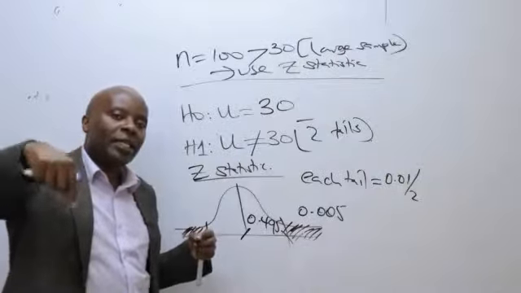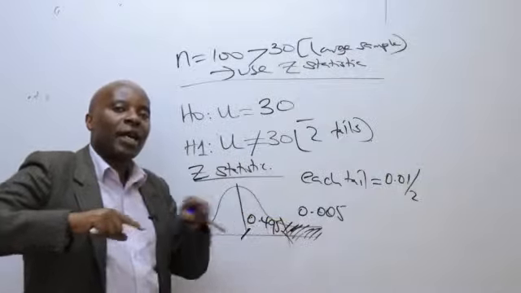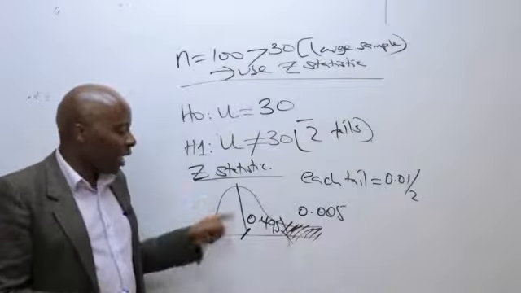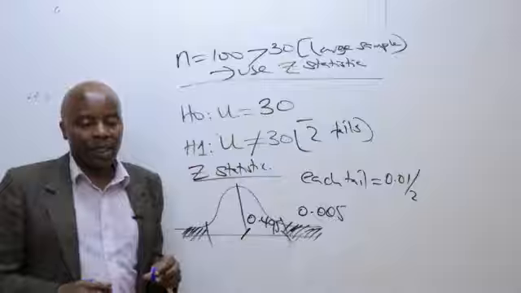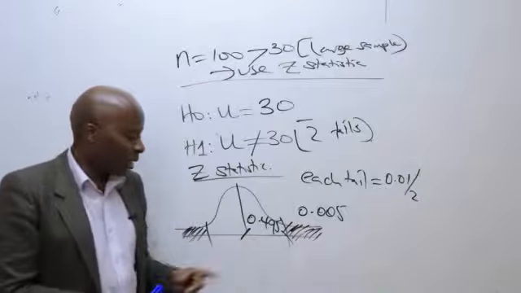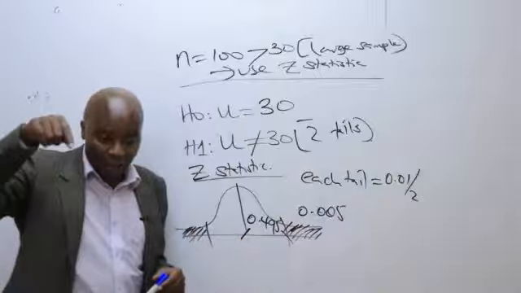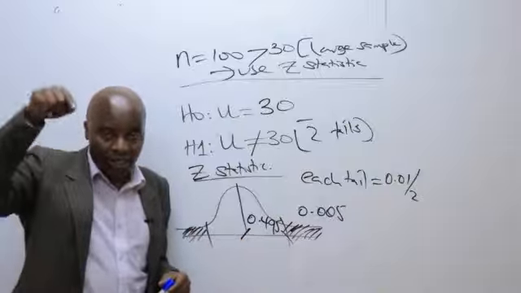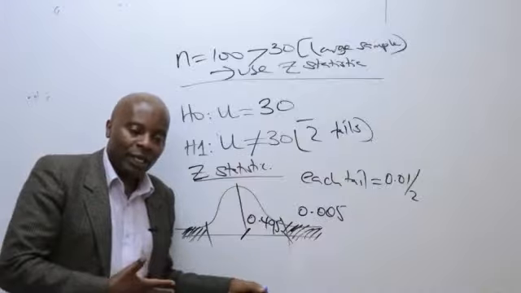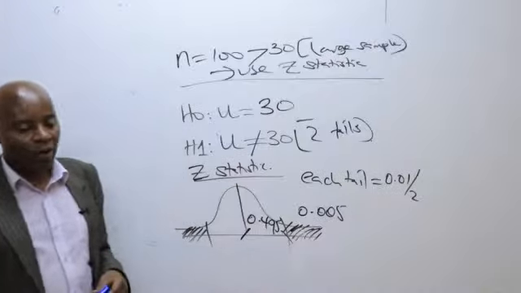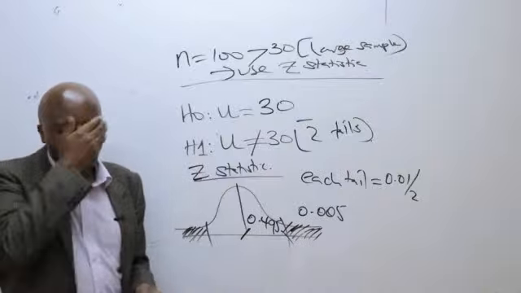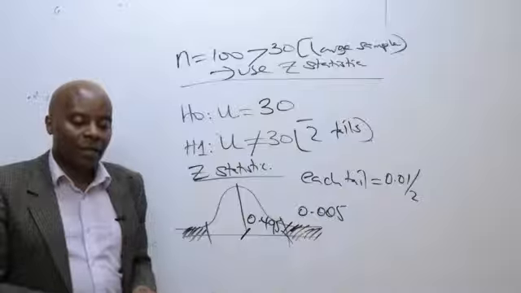Now, once I get this 0.495, I will run very fast, get my Z table, get inside the Z table, and then I use reverse gear to read an equivalent Z score. Reverse gear, because whatever you have here is the entry. We are entering inside the table, and then we read in reverse.